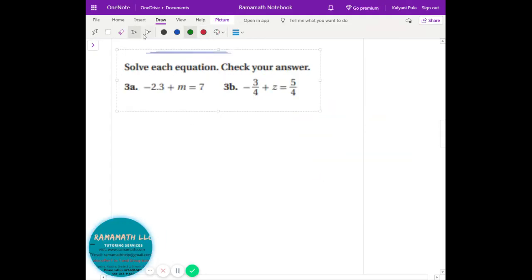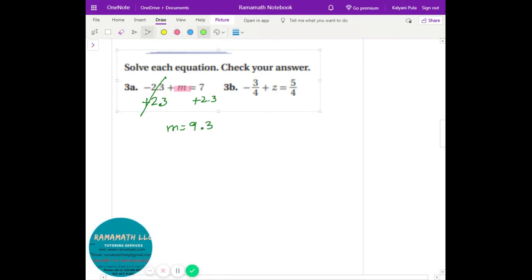Follow the same procedure. Find the variable. And see, when we are doing these one-step equations, if you do it correctly, then when there are multiple-step equations, you're going to do them correctly too. So this is plus M, this is negative 2.3. I'm going to add 2.3 here, get rid of that, and then add 2.3 here. 9.3. Same thing.